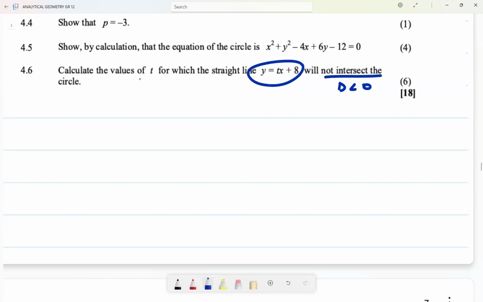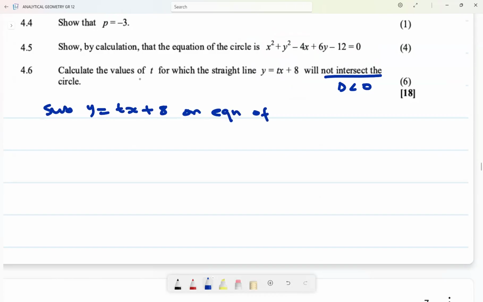So this line is here, and we have the equation of the line thereof. What you can do is substitute y on the equation of the circle.